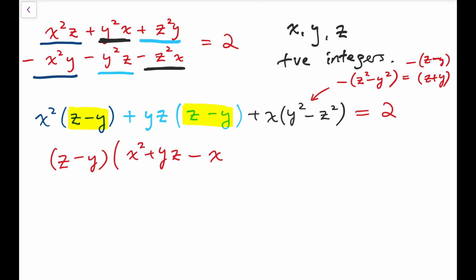From this, the terms inside the bracket will continue as minus x times z plus y, and then closing all the brackets, and the product equals 2.